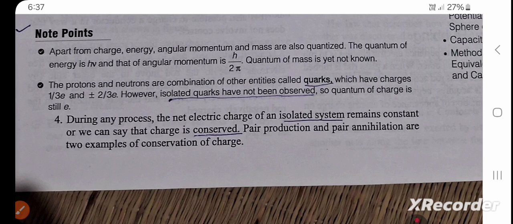That means that is a fractional multiple of charge. You will get knowledge of quarks in more detail in higher classes. However, isolated quarks have not been observed, so the quantum of charge is still e.